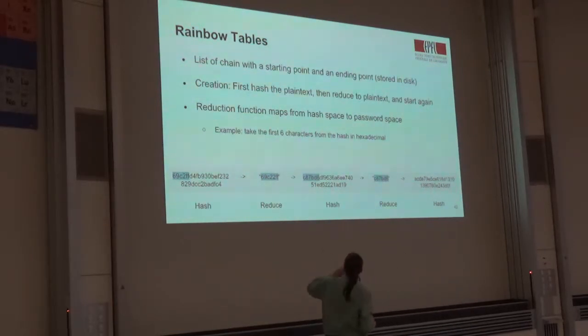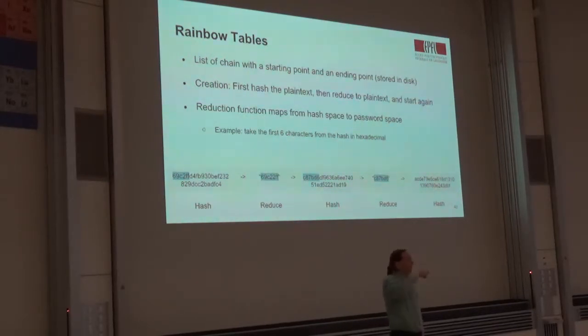But basically, we go through a reduction function that reduces it to only a member of the password search space we want to actually find, and then we take that and hash it and then reduce it again to form another potential password in that big search space, and so on.